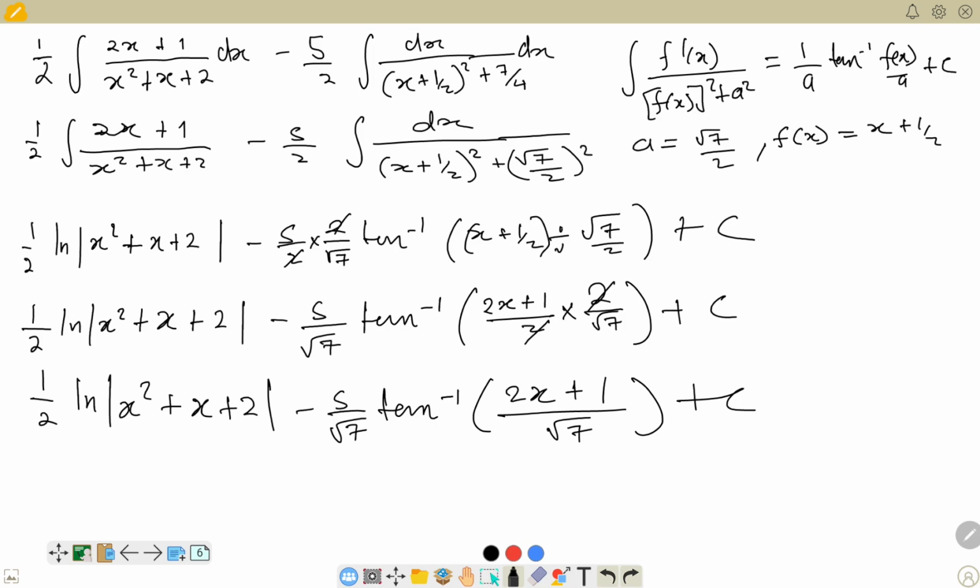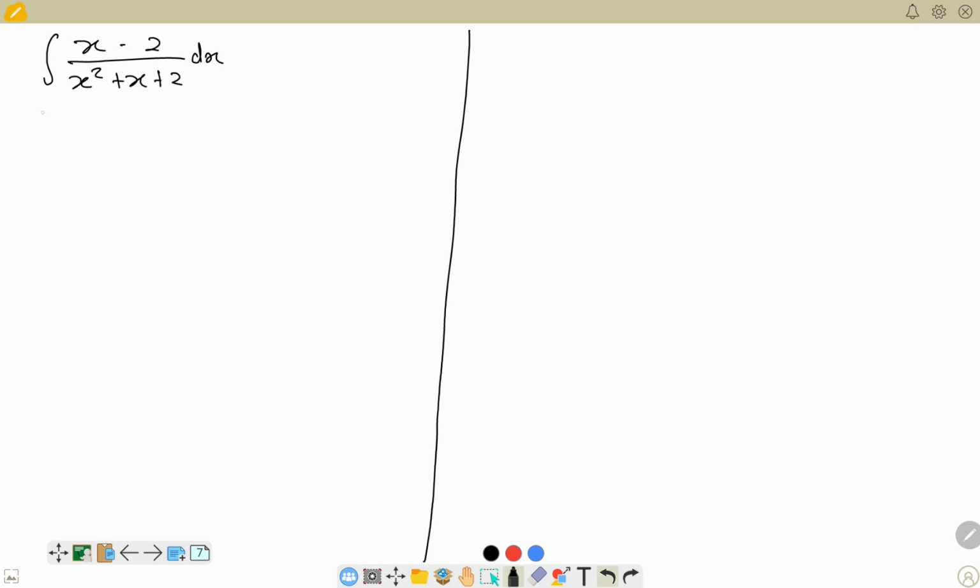So let's see how we can use U-substitution for the same problem. So the problem was x minus 2 over x squared plus x plus 2 dx. Now we want to use U-substitution. So how do we do this? We do this by first splitting it into 2.